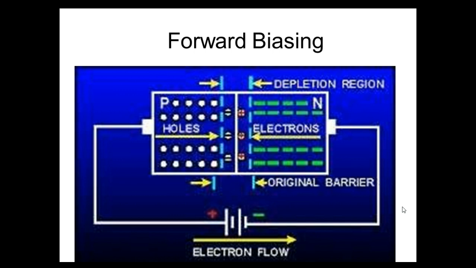If this external voltage is turned on, then automatically the electrons present in the n side will get repelled due to the negative potential of the external voltage.